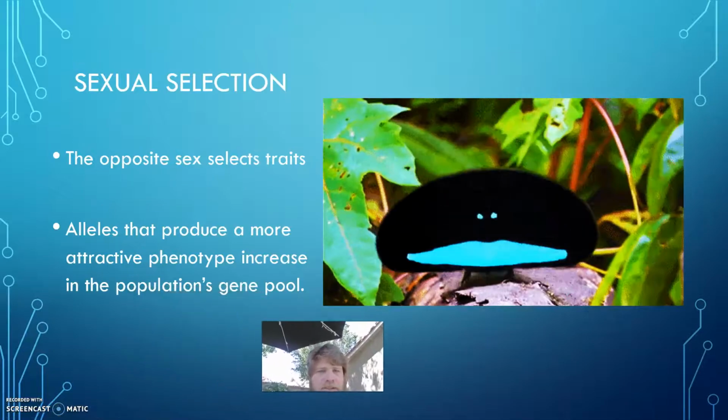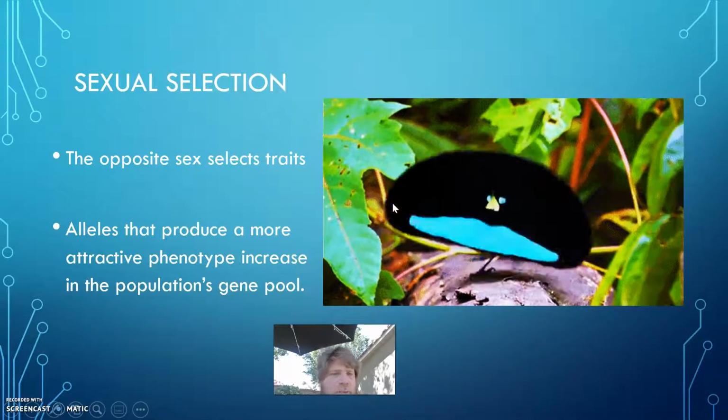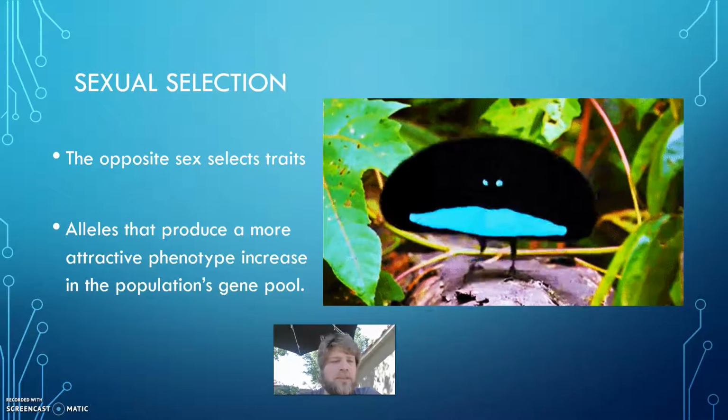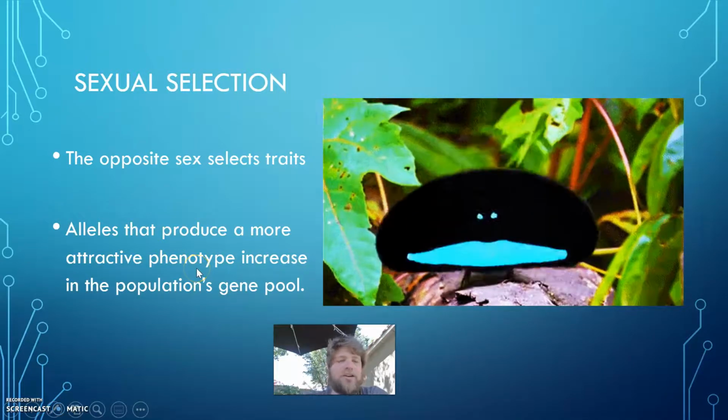Now, a second type of selection that can also be very common is sexual selection. In sexual selection, the opposite sex selects traits. And it's not about the environment anymore. It's all about making babies and being real attractive to the opposite sex. And so an allele that produces a more attractive phenotype increases in the population's gene pool. So this bird of paradise, this isn't going to help it survive in the environment.